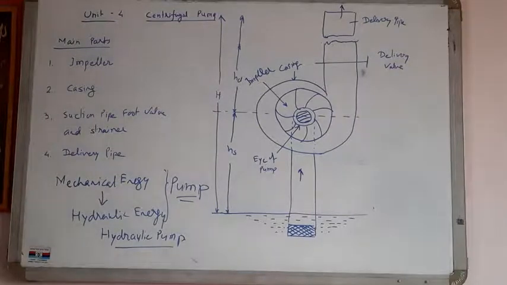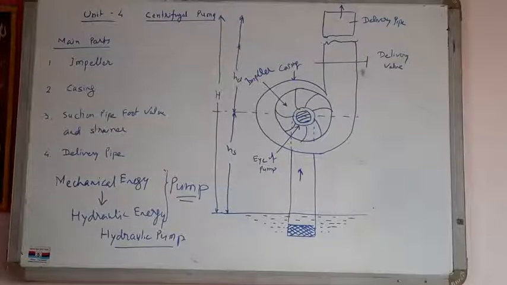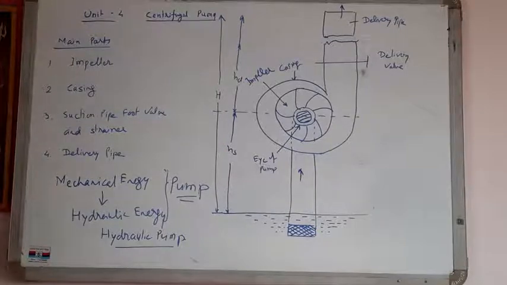The centrifugal pump works on the principle of forced vortex flow, which means that when a certain mass of liquid is rotated by an external torque, a rise in pressure head to the rotating liquid takes place.